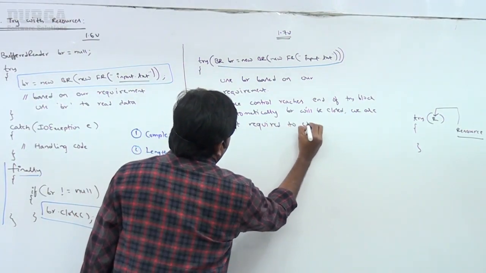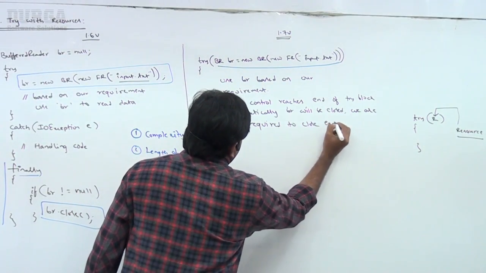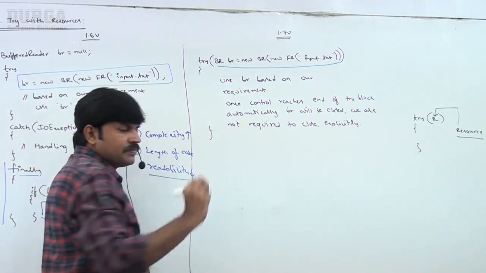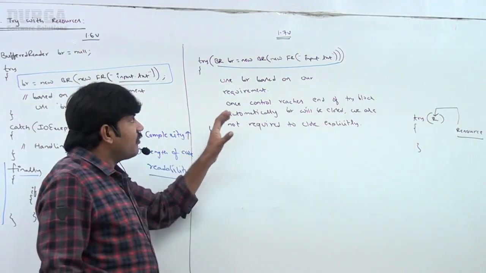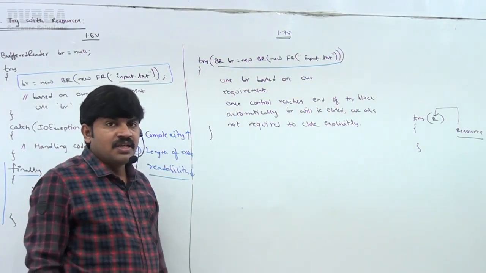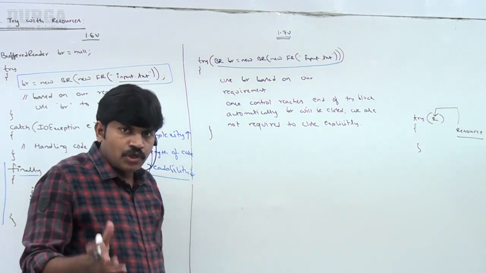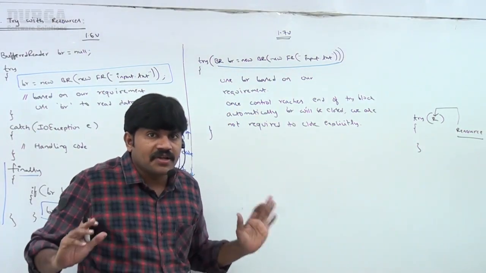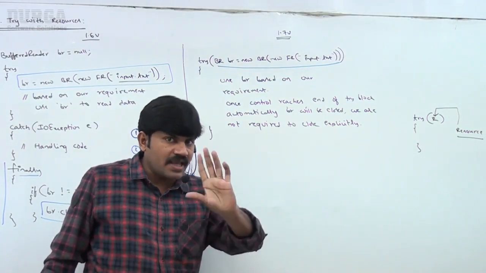Observe a bit very carefully, sir. The biggest advantage of try-with-resources is that whatever resources you open as part of the try block will be closed automatically. We are not required to close explicitly.